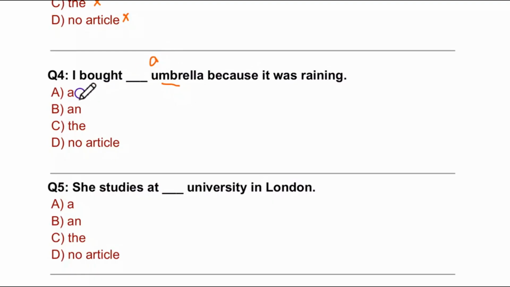So the correct answer is not A, not the, not no article. The correct answer is an. I bought an umbrella because it was raining. So an is the correct answer.